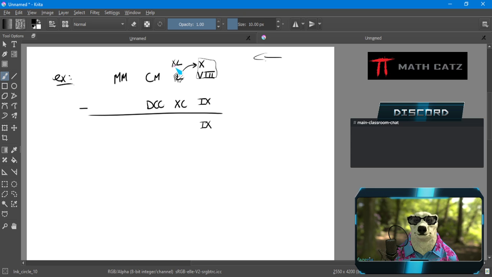Tens column says 40 minus 90. Nope, that's not going to work. Top one's too small. So I borrow from the hundreds column. I always borrow just 100. That then changes what I have in the hundreds column. I have left 800, and that is represented with the CCC.